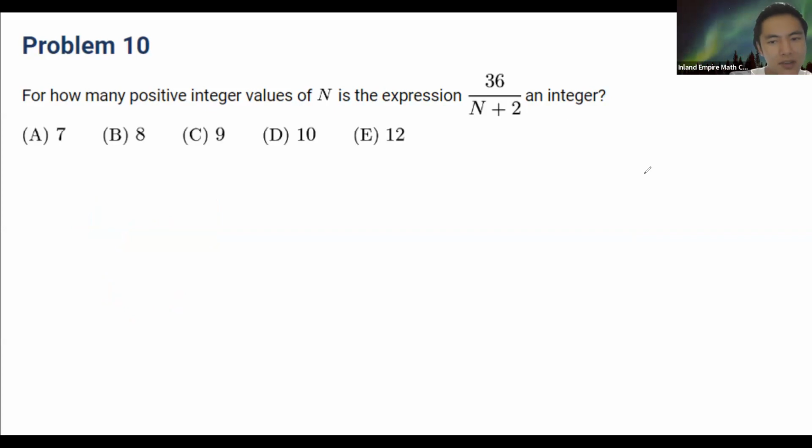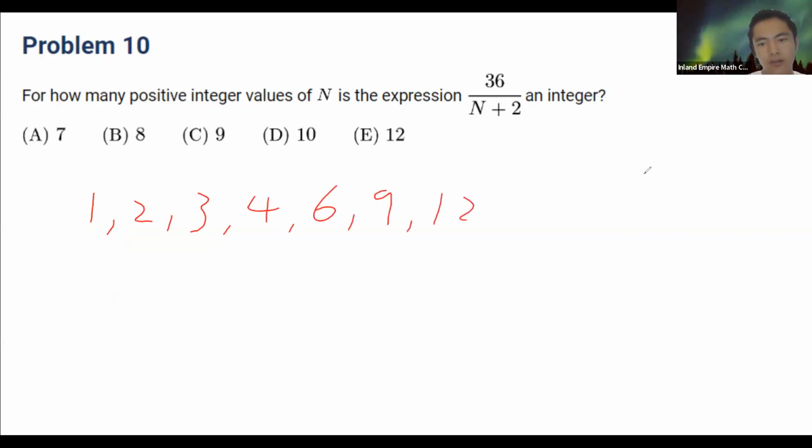Something else you could also do is list out the factors of 36, right? So 1, 2, 3, 4, 6, 9, 12, 18, 36. You can see that these are all the factors of 36. And then since the expression is n plus 2, you would subtract 2 from each of these.